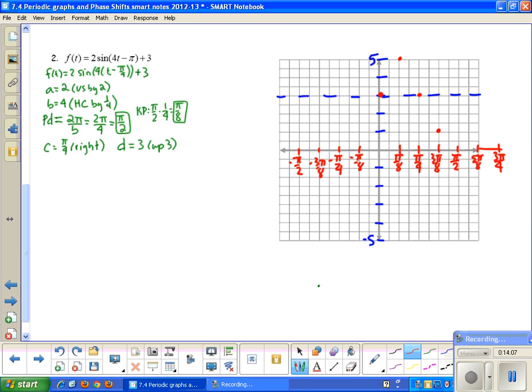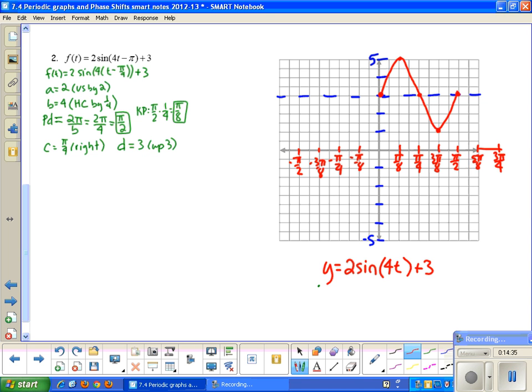And then we have here, because if you count down 2 from where your x-axis shifted, that's where your graph would be, and here. So this is my graph without a phase shift. So that would be y equals 2 times the sine of 4t, and then plus 3. So that's that graph right there.